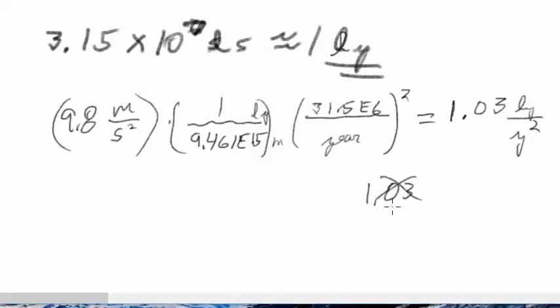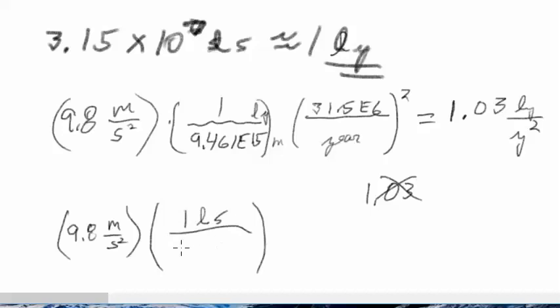Okay, so let me check 9.8 meters per second squared and do it with the other conversion factor, which is, what is it? 1 light second is about 3 times 10 to the 8th meters per second. No, not meters per second, just meters. Because this should be how far a light second is.